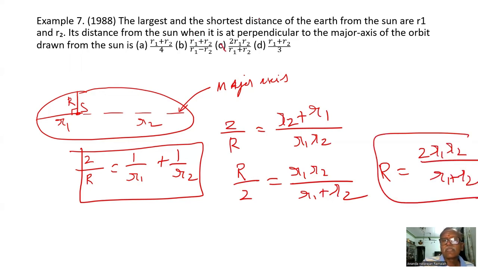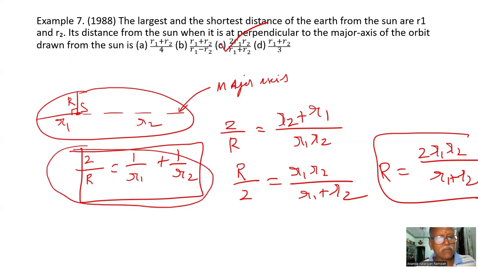C is the answer. So we have to remember this relation, a property of the ellipse. Shall I move to the next sum?